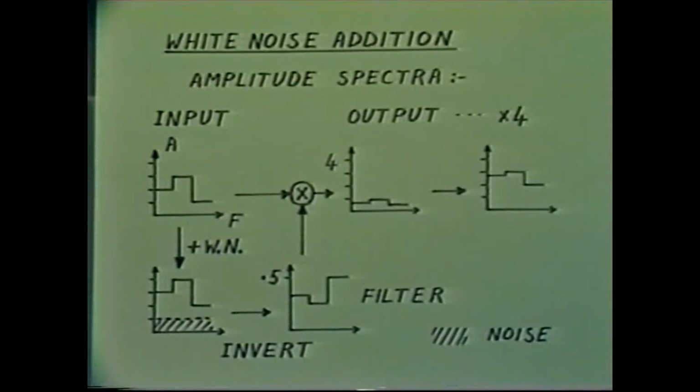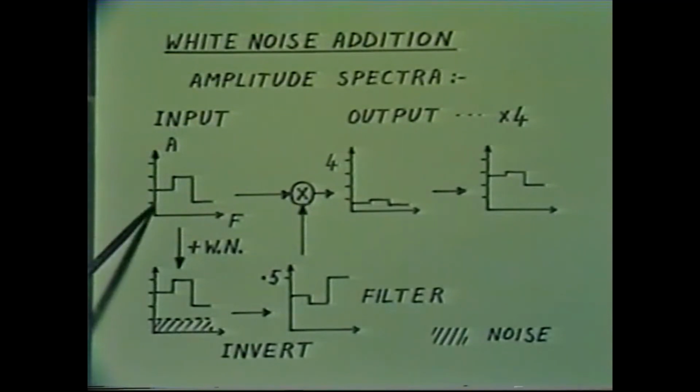Now, the white noise which is added to the average amplitude spectrum before inversion to obtain the amplitude spectrum of the designature filter has the effect of, to some extent, limiting the flattening or whitening of the output spectrum, and it does that in this way.